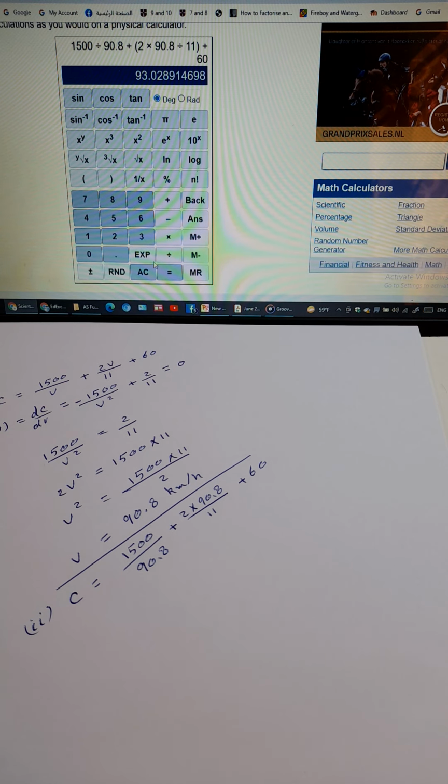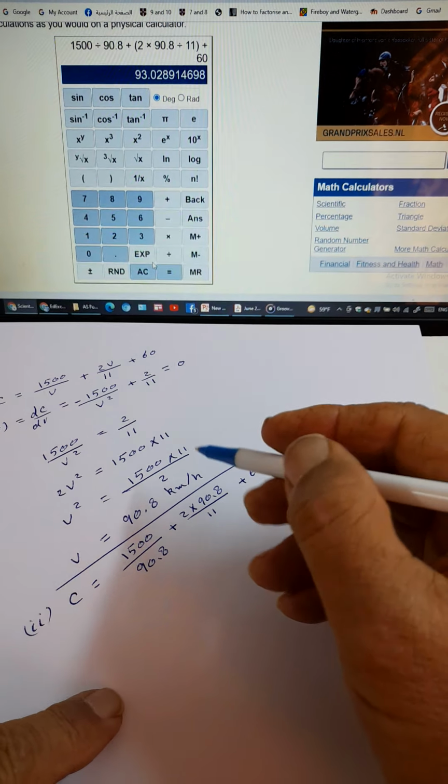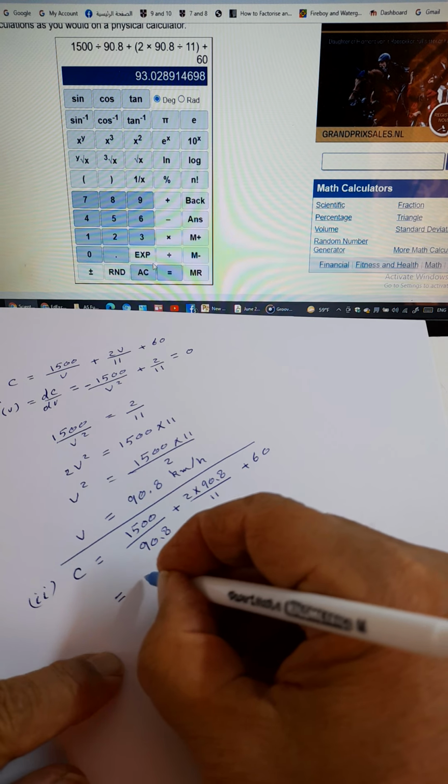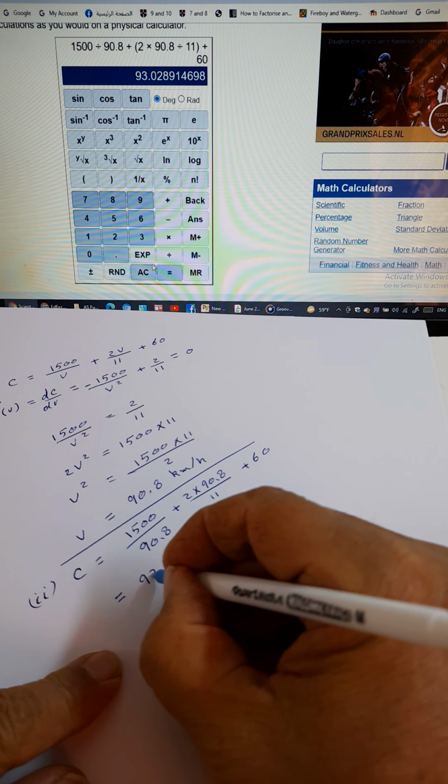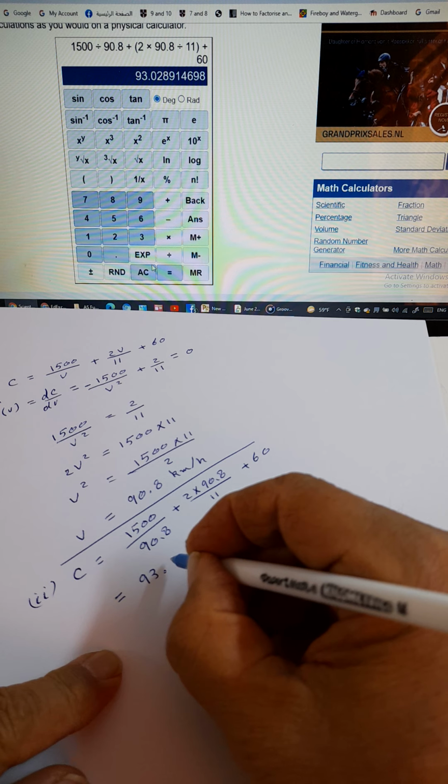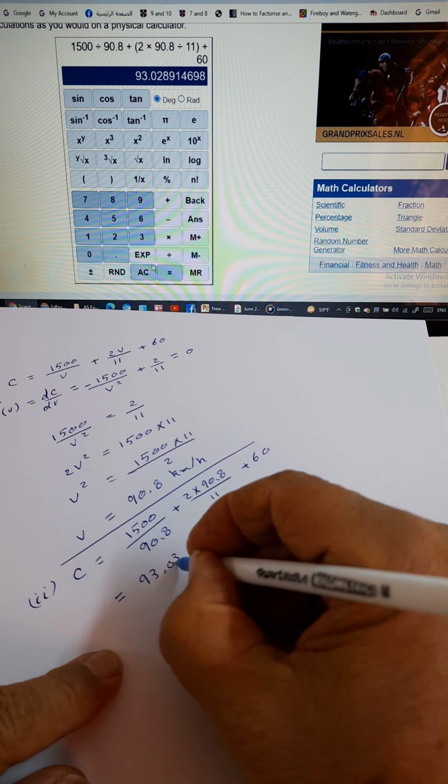And this is the minimum cost, 93.03 pounds.